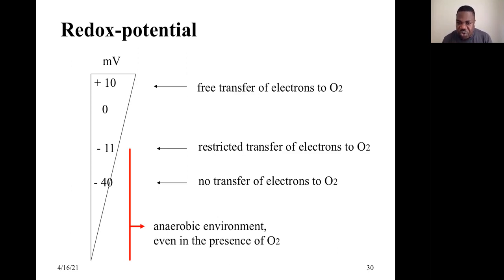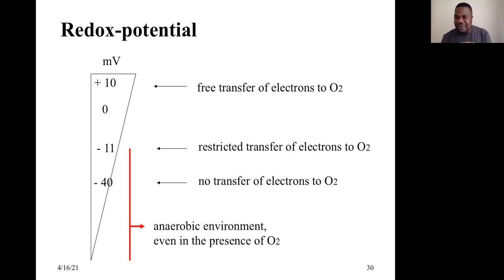Why? Because in those low redox potential areas, there is no transfer of electron to oxygen. So the electron will only stick with their affinity with the flavoprotein. So the electron will not be attracted to oxygen. So there will not be formation of cytotoxic products. That's why some anaerobes, like on our skin, we say in our mouth, are able to survive in the presence of oxygen, because those areas are very low redox potential areas, areas where electrons are not attracted to oxygen.